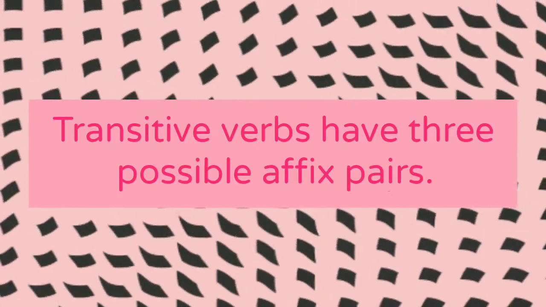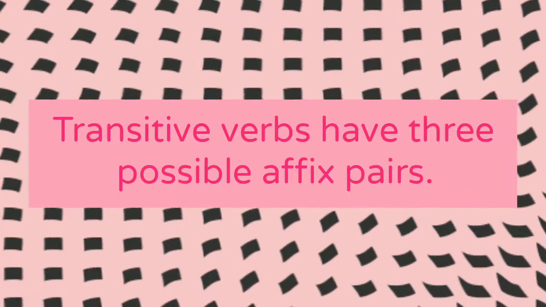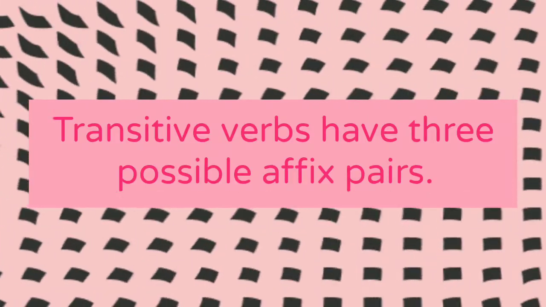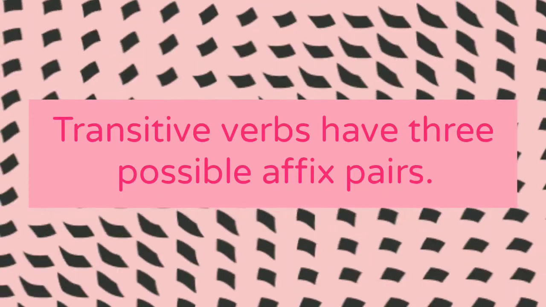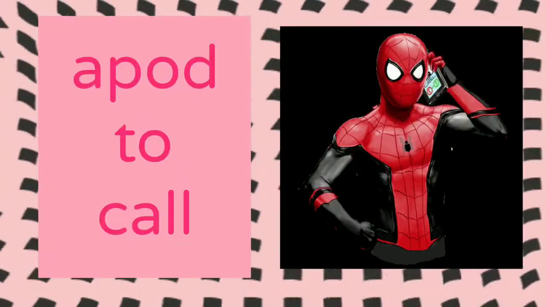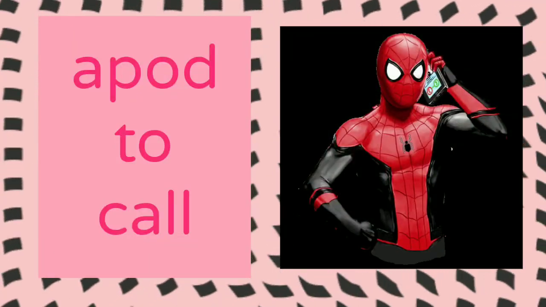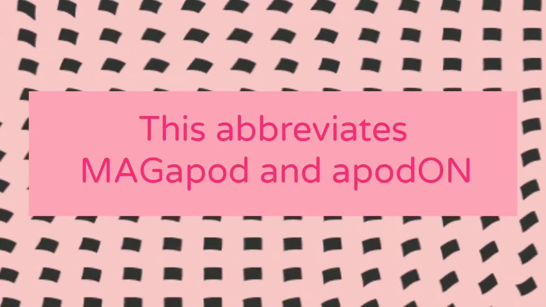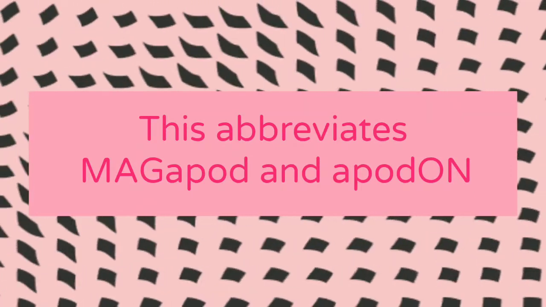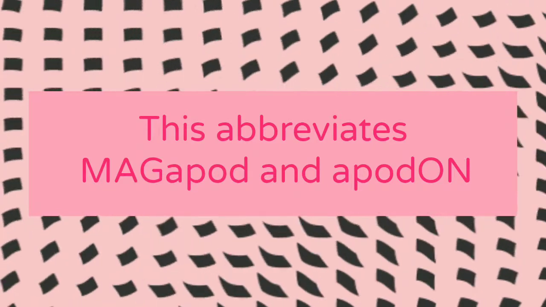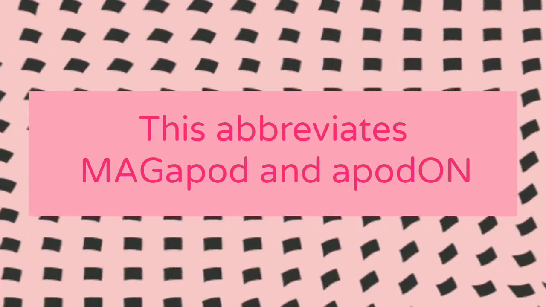Transitive verbs have three possible affix pairs. For example, apod. This abbreviates mag-apod and apodon.